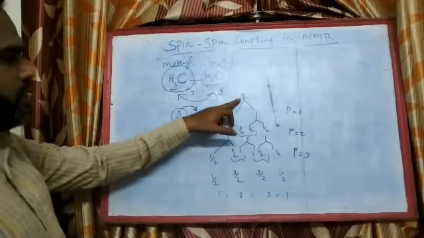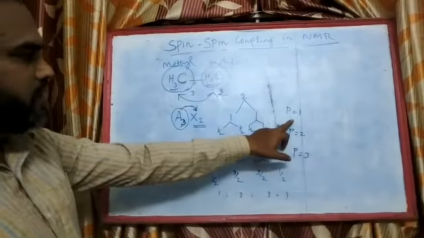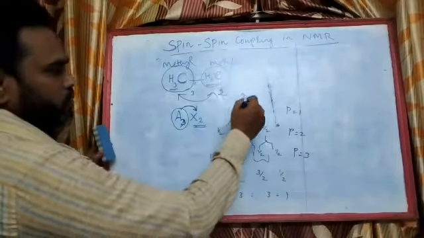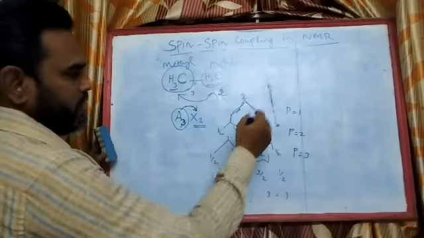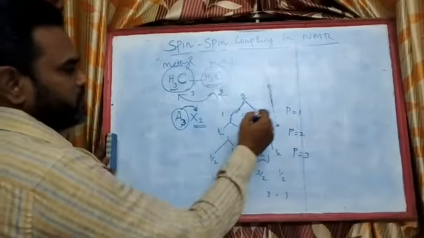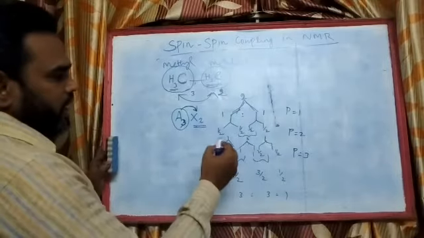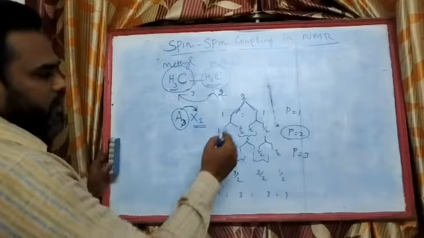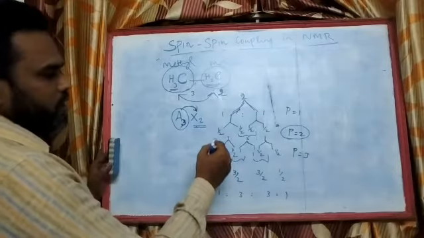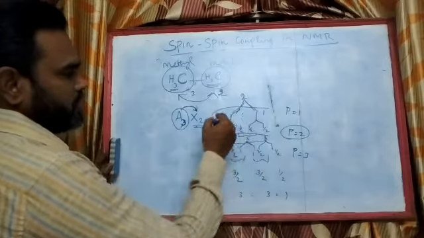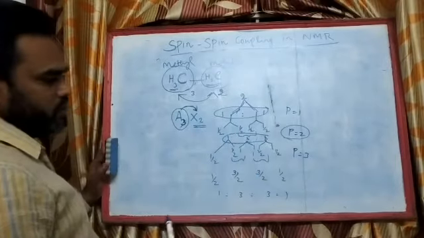X2 has an intensity of 2. When it is split by the first proton, the line is split into 2 lines of equal intensity, 1:1. When it is split by the next proton, the 1:1 becomes 1:2:1.